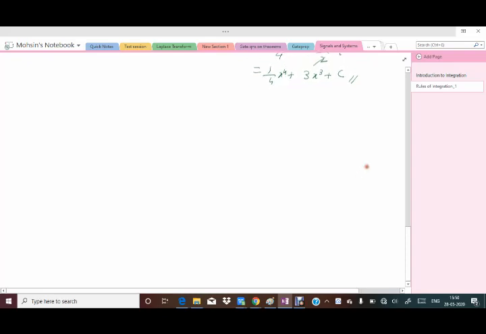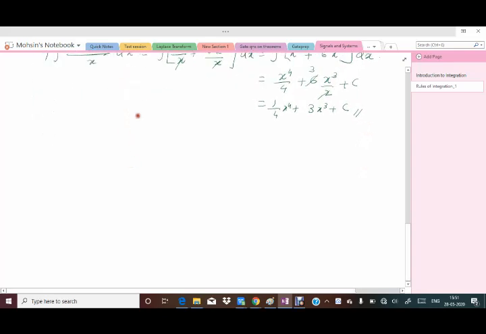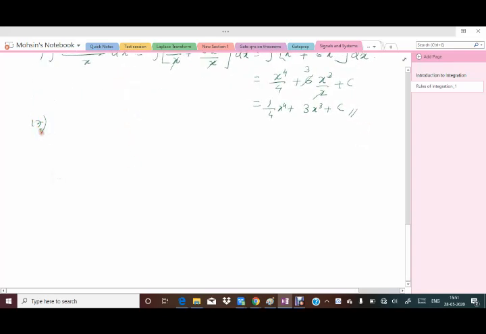Similarly, suppose we have an expression given as, say, problem number 17. Here suppose 1 divided by x square is the given function, therefore its integration can be evaluated as follows. We can write 1 by x square as x raised to minus 2 dx, and we can follow the same formula, n plus 1.